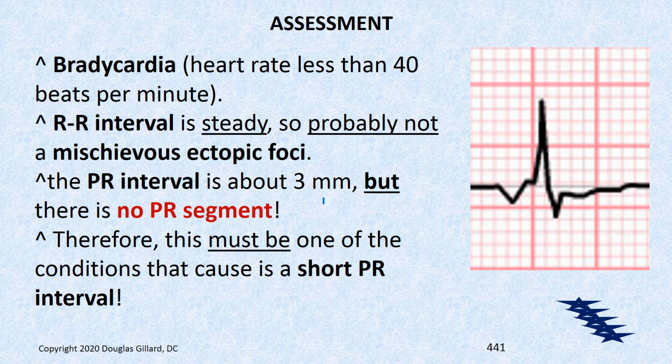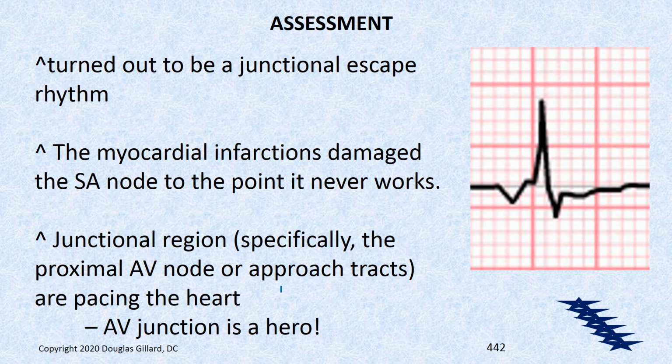So the patient has bradycardia, less than 40 beats per minute. Our intervals are steady, so it's probably not a mischievous ectopic focus. And the obvious, I didn't even say the obvious, it's upside down. We have an inverted P wave. So anybody figure out what happened?